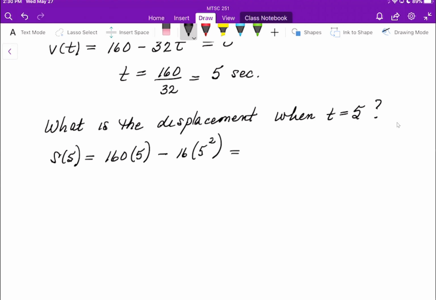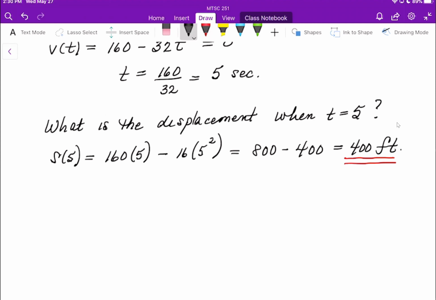That gives us 800 minus 400, which equals 400 feet. So the ball goes 400 feet high.